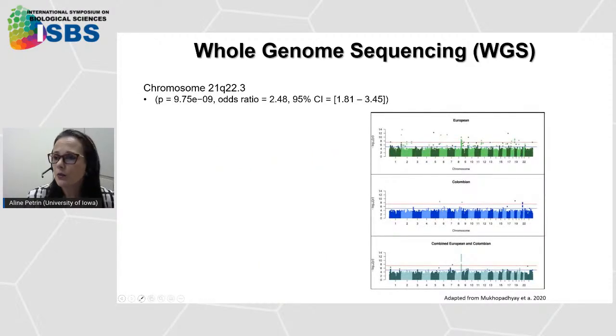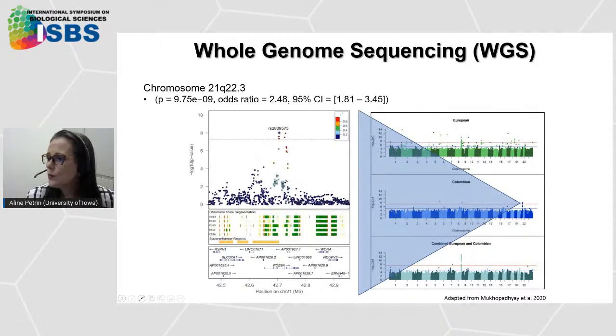And we identified a region on chromosome 21, which seems to be specific for the Colombian population, and that is the associated SNP. And that also led to a new region of a new cleft gene, and this SNP overlaps with what we call a super enhancer, a supercraniofacial enhancer.